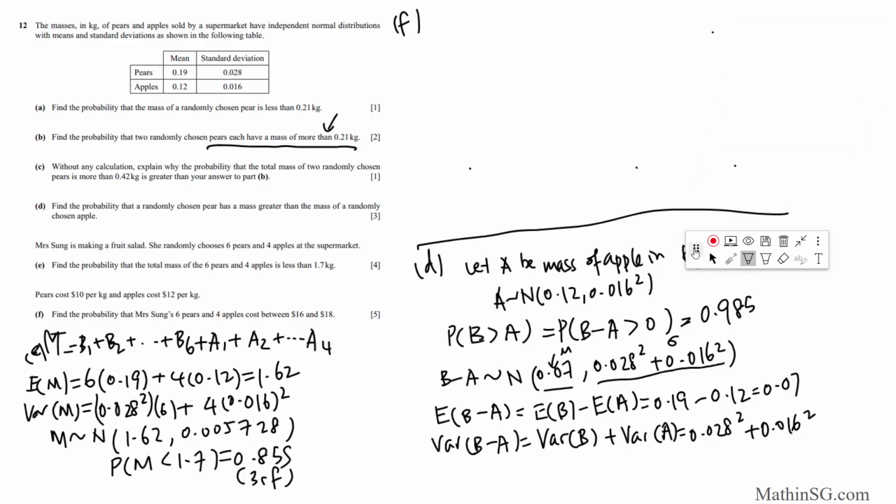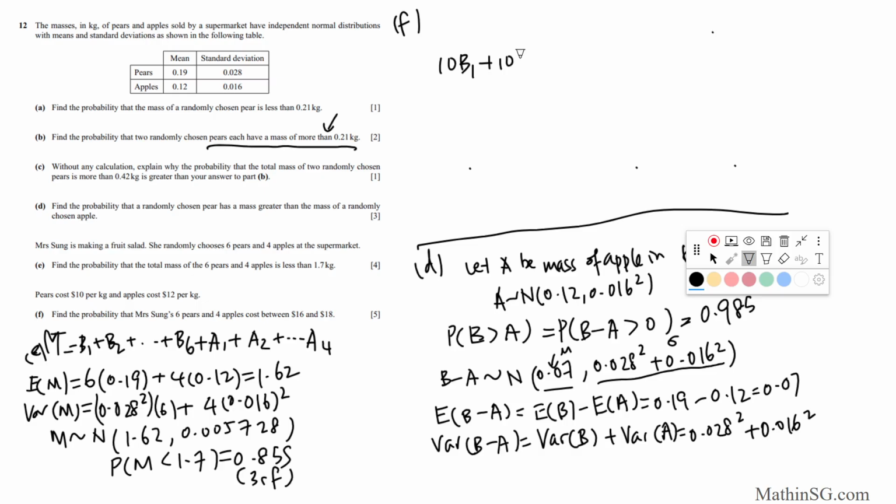So now I have 6 pears, right? I'm interested to find the total cost. So I know that the cost will be B1. Because pears cost $10 per kg, the cost of one pear is 10 times its mass, right?